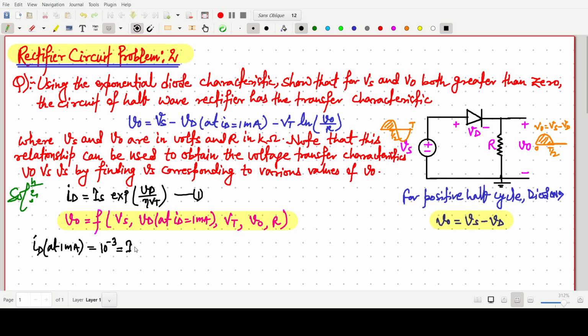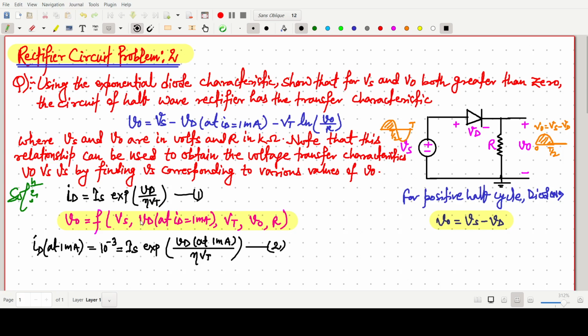So this can be written as Is exp of Vd at 1 milliampere, the voltage across the diode at 1 milliampere, by eta Vt, the ideality factor. We can also take eta as one, but at the end we will do it.